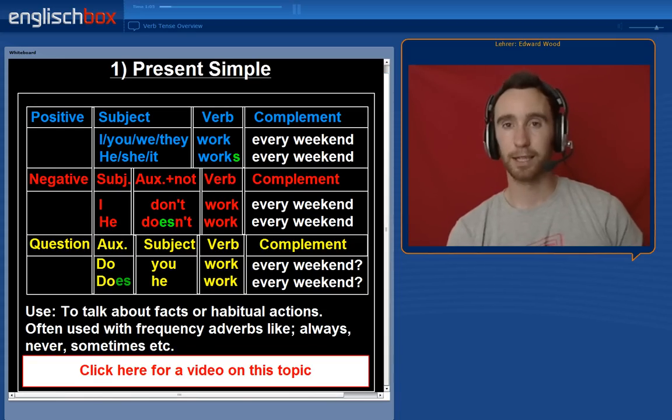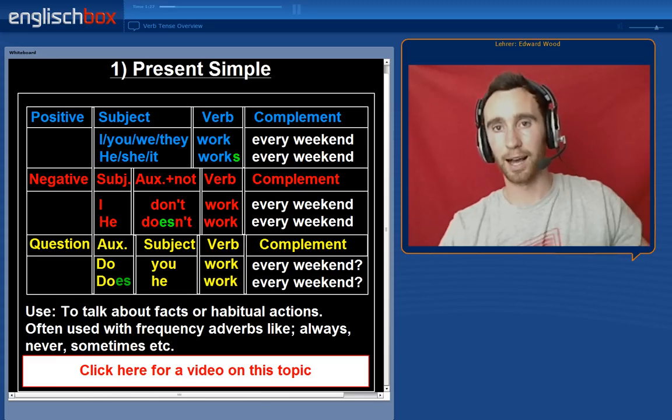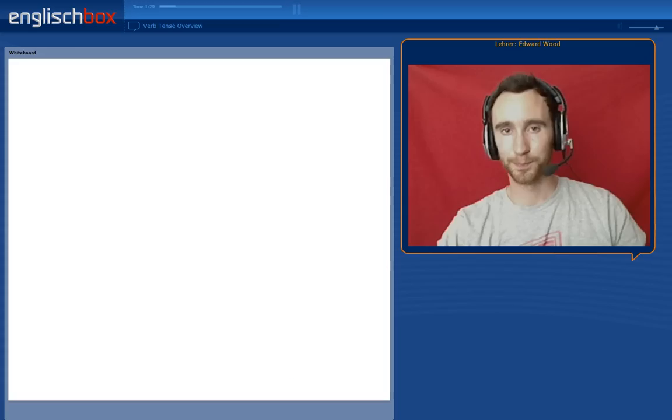In negative, it's very important to remember to use the auxiliary don't, or in third person, doesn't. And finally, the question form, you have to remember to use the auxiliary do or does in third person at the beginning, and to invert the subject and the auxiliary.